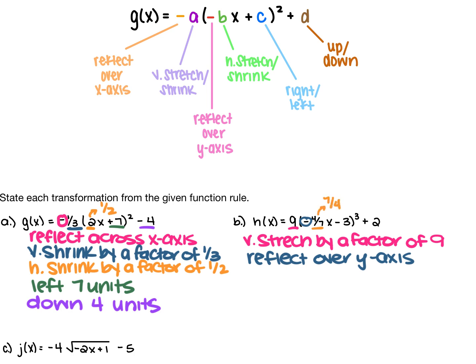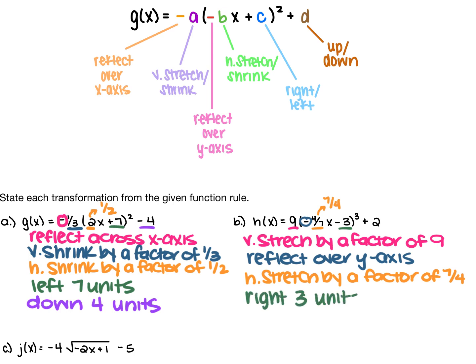That 7/4 is greater than 1, so we have a horizontal stretch by a factor of 7/4. Next, we're moving to that -3, so think opposite. That would be +3, so we're going to the right 3 units. And lastly, the +2 means that we're going up 2 units.